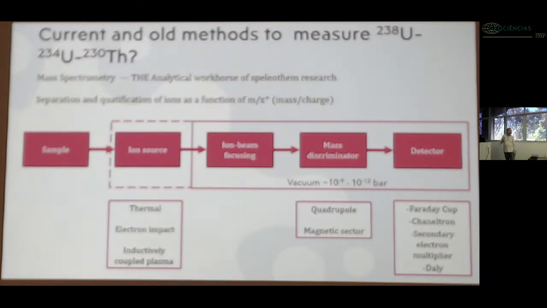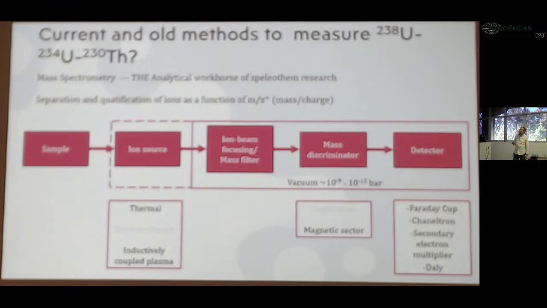And then you have a detector system. A detector system gives you a digital signal proportional to the amount of ions reaching that detector, and could be a Faraday cup, channeltron, secondary electron multipliers, dailies. There are plenty.